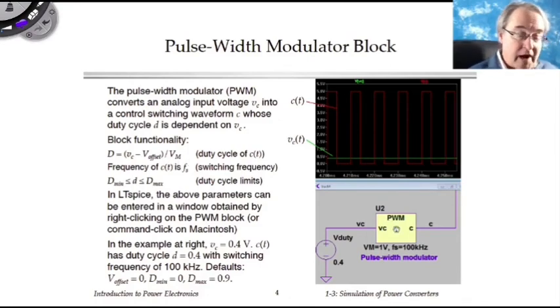You can right click on this block to set values for those things, the offset voltage and Vm. Right now Vm is set to 1 volt, the offset is set to 0, so the output duty cycle is just equal numerically to the DC value Vc. The block also limits the duty cycle. It has to be between minimum and maximum values, which can be set as well. And you can set the switching frequency again by right-clicking on the block and typing the number in the window.